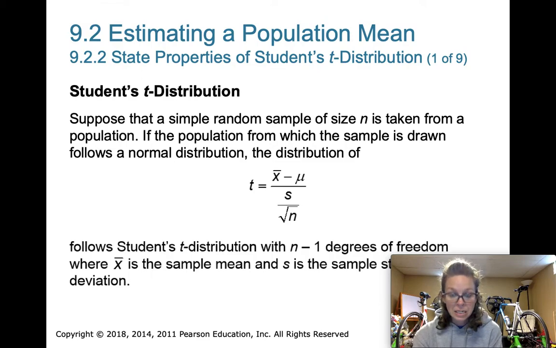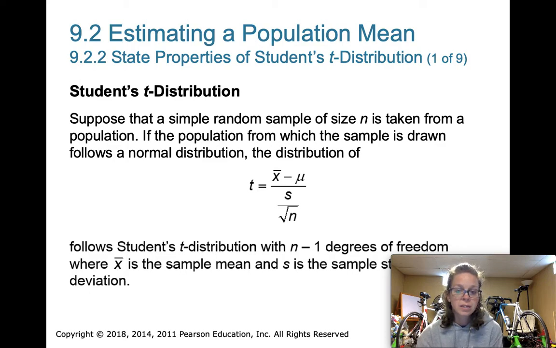In a t-distribution, we can use our sample measurements. So we can use our x-bar and our s, the standard deviation of our sample, to do our calculations. Whereas in a z calculation or normal distribution, we would need to know what sigma is, the standard deviation of the population, and usually that information is not available to us. So the t-distribution allows us to use our sample information.